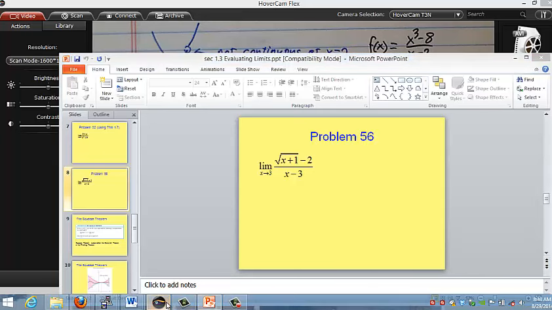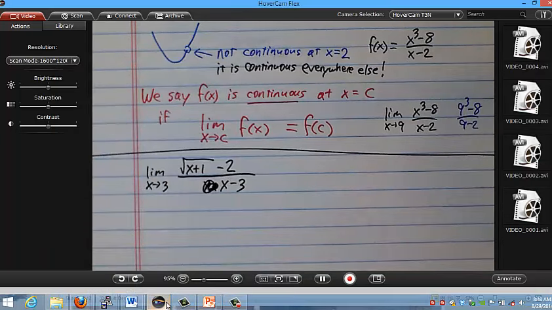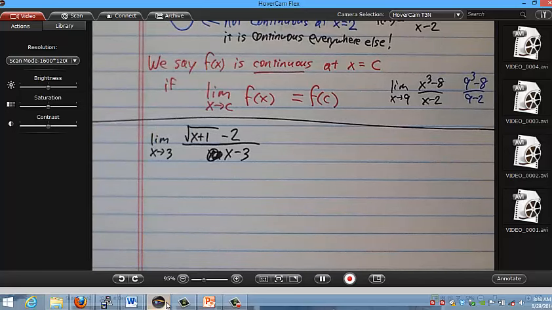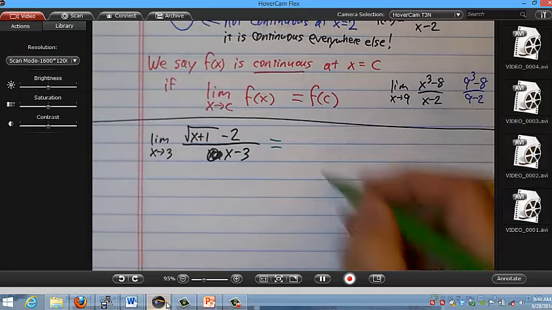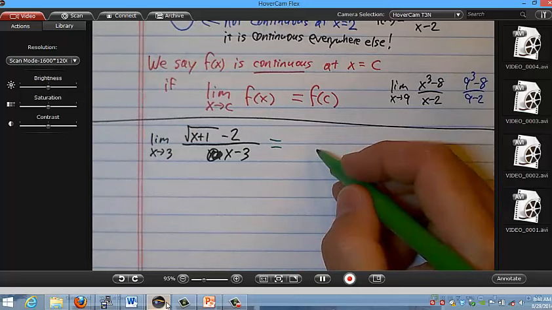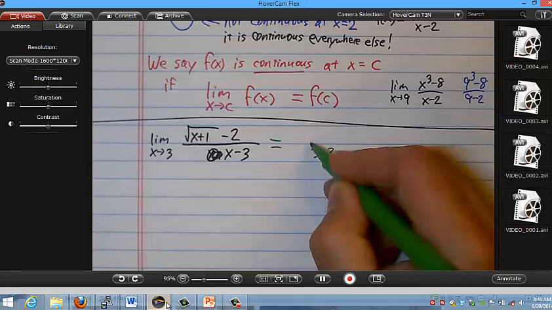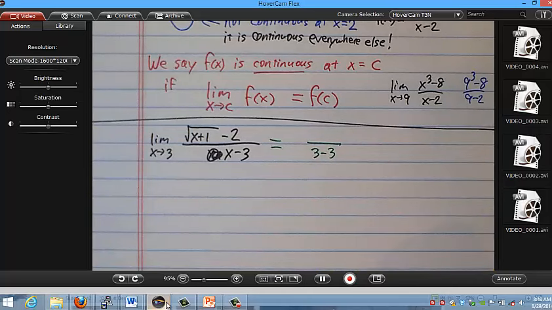Okay. So I wrote the problem down. What's the first thing I should try? Yeah, always try substitution. I mean, if it's continuous there, then you're done, right? But I can see it's not continuous there because 3 minus 3 in the denominator is going to be 0, right?